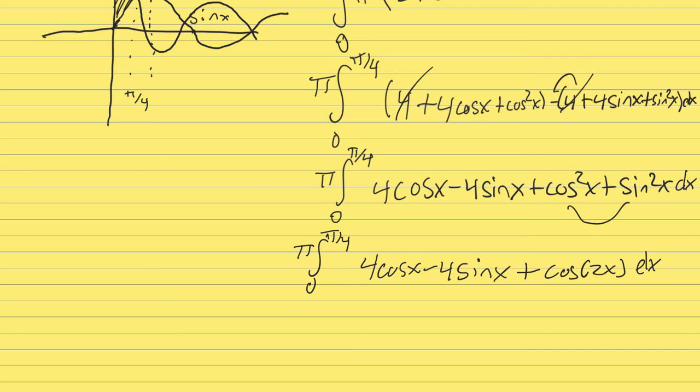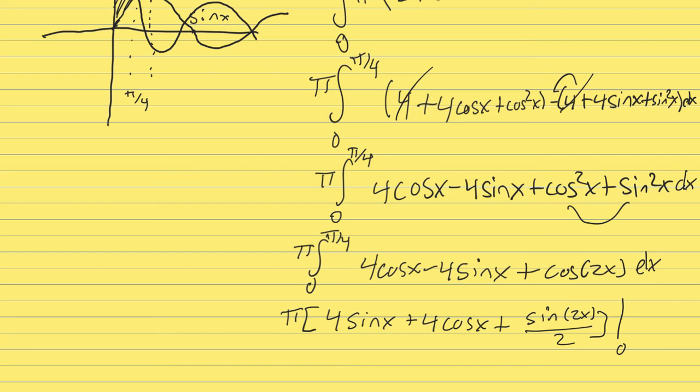Now we're going to go ahead and integrate, so it'll be pi times 4 sine x plus 4 cosine x plus sine of 2x over 2, evaluated from 0 to pi over 4.